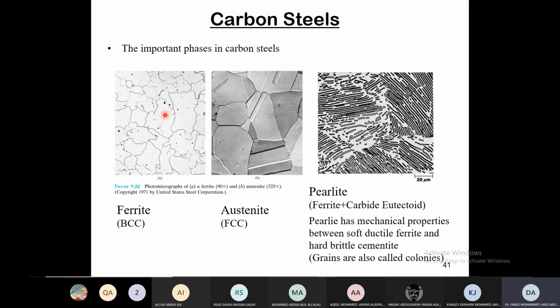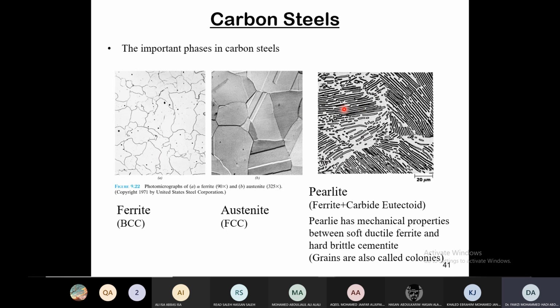Why do we say that? Because it can accommodate very, very little carbon. And that carbon is what makes the steel much stronger. So since it has very little solubility of carbon, and as we say, it is near pure iron, it is the softest phase of steel.